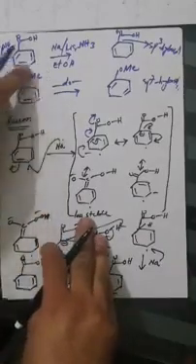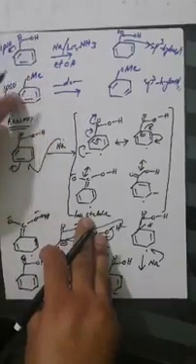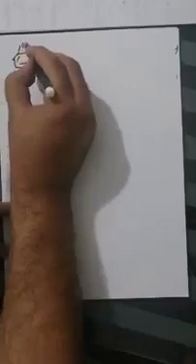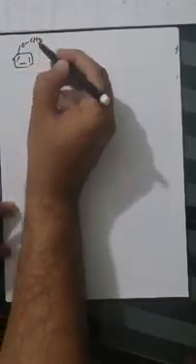Now let's look into the mechanism of this aromatic system where an electron donating group is present. Me is methyl, so I'm going to write CH3 instead of Me.